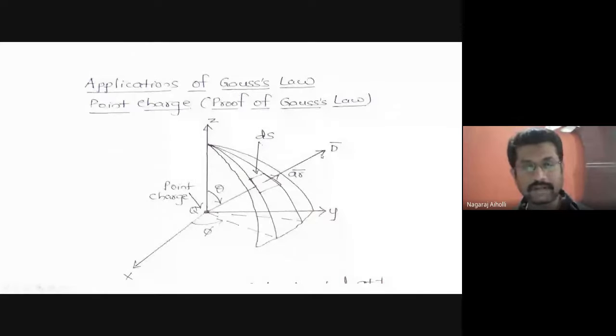The unit vector normal to ds is a_n bar, and the direction of D bar is also the same, hence the angle between D bar and a_n bar, the unit vector of ds, is 0 because they are parallel to each other, lying in the same direction.